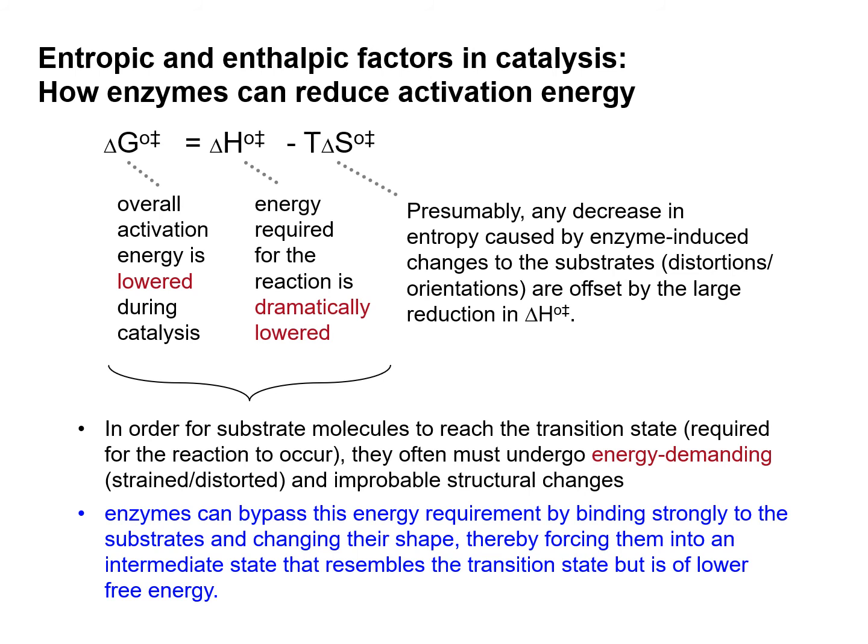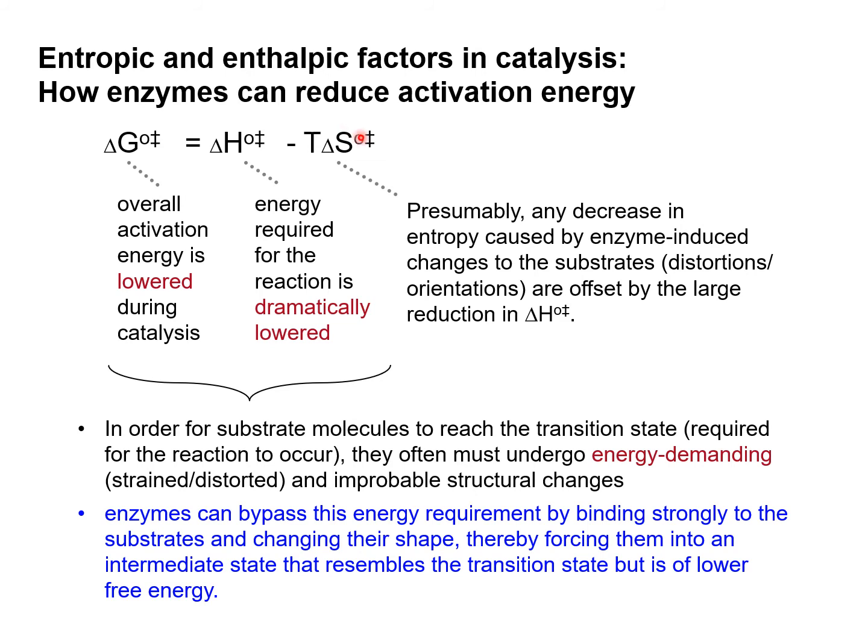And in the catalyzed reaction, the overall activation energy delta G naught double dagger is going to be lowered during the catalysis, and that means delta H naught double dagger, the enthalpy, should be decreased dramatically, or the entropy can be increased. But when you actually look at the entropy and think about that, the substrate and enzyme will make a complex, the ES complex, which will make the entropy lowered.